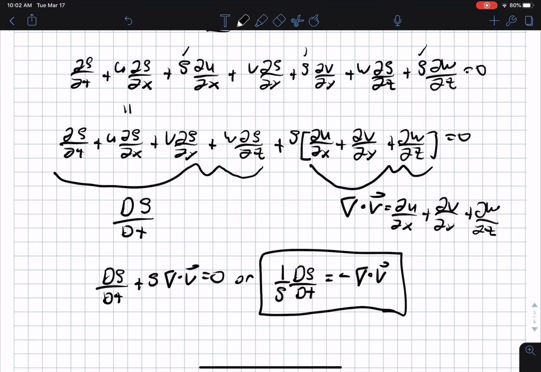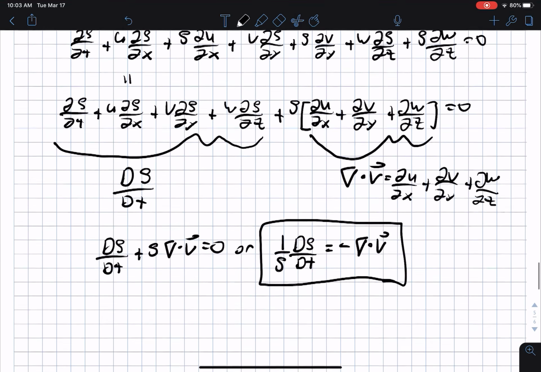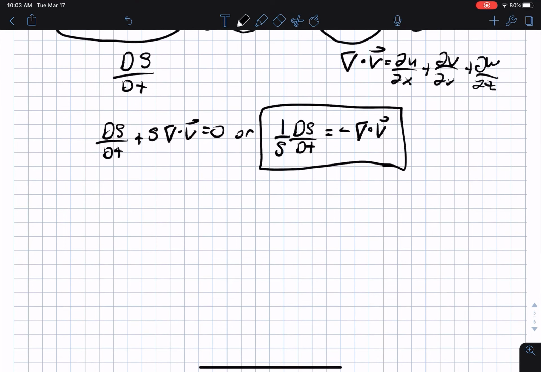So what's important about this? Well, what if the flow is incompressible? Well, one way to have an incompressible flow is rho equals a constant.